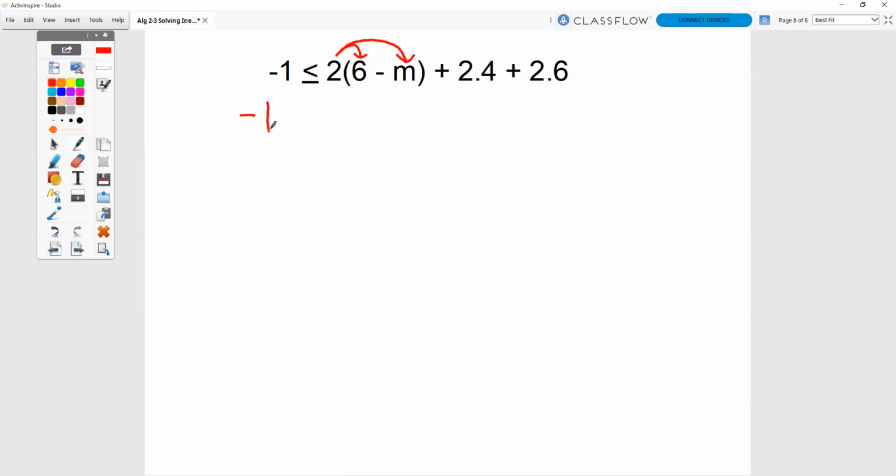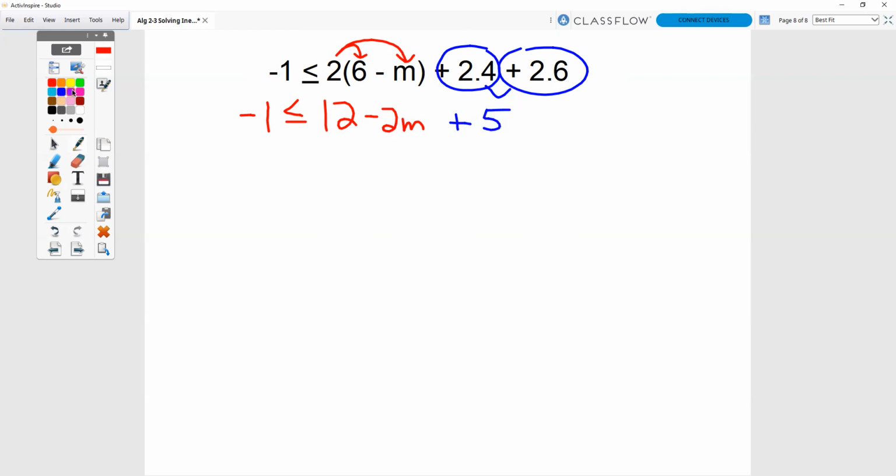I'm just going to bring down this -1 and the inequality symbol right away because I'm not touching that. 2 times 6 is 12. 2 times negative m is negative 2m or minus 2m. I also on this side have a plain number and a plain number that I can add together as like terms. When I add together those like terms, that adds together to be a plus 5.